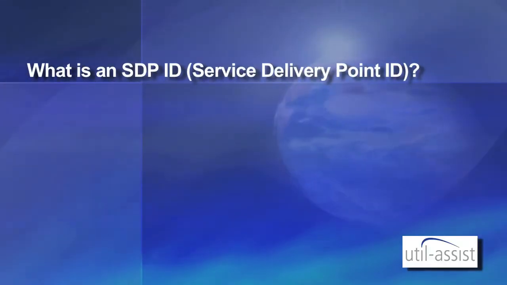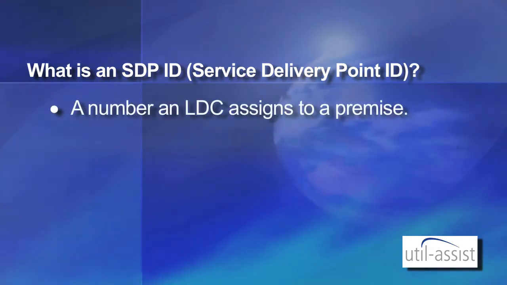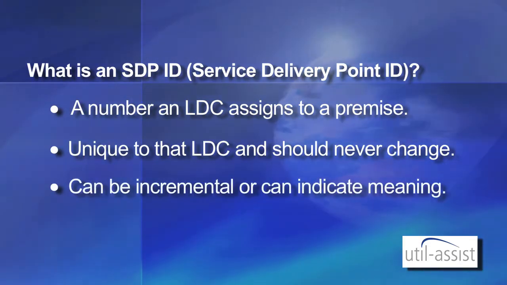What is an SDP ID, or Service Delivery Point ID? A number that an LDC assigns to a premise, unique to that LDC and should never change, can be incremental or can indicate meaning. So the SDP ID is supplied by the LDC, and it relates to the premise.